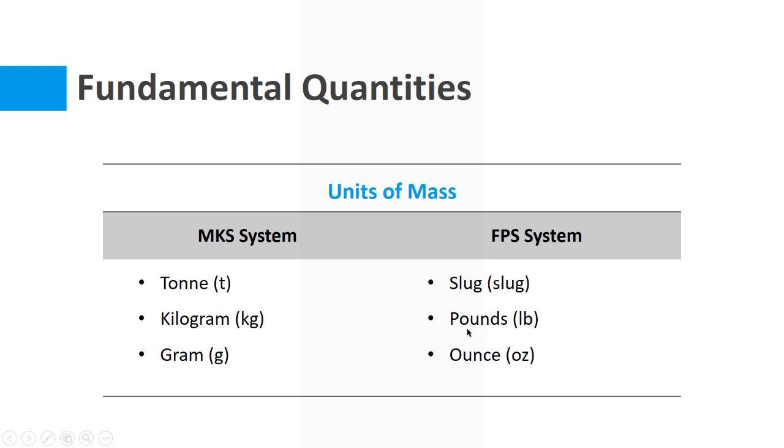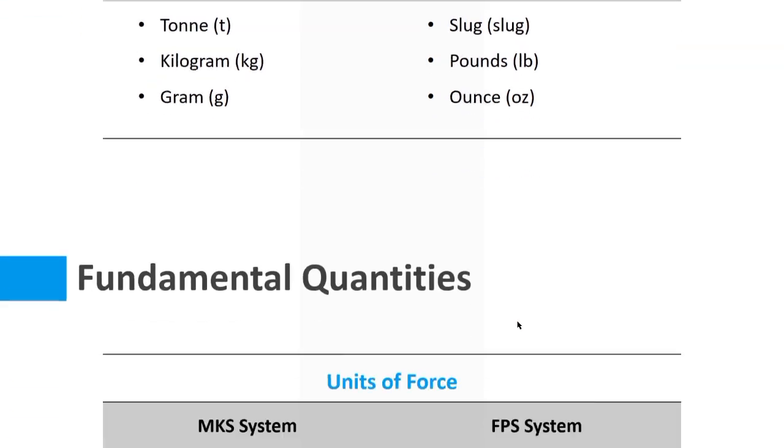You have to be careful that pound mass cannot be interchanged with pound force, because pound is used for both mass and weight. In engineering mechanics, we use pounds for forces, while in structural dynamics, we use pounds for masses, so they cannot be confused with each other.